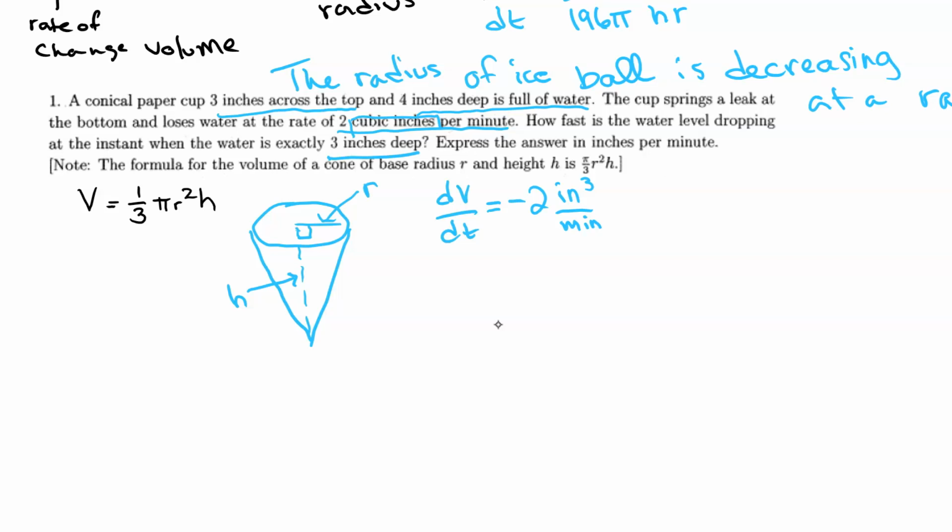All right. So let's identify what's known at the beginning. We know that the whole way across the top of the cup, so from here to here, is 3 inches. We're told that. And then we're told that the height to start is 4.